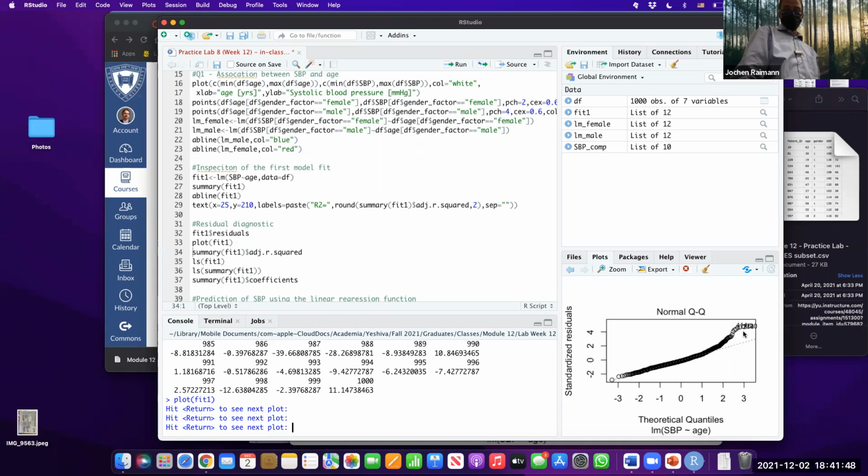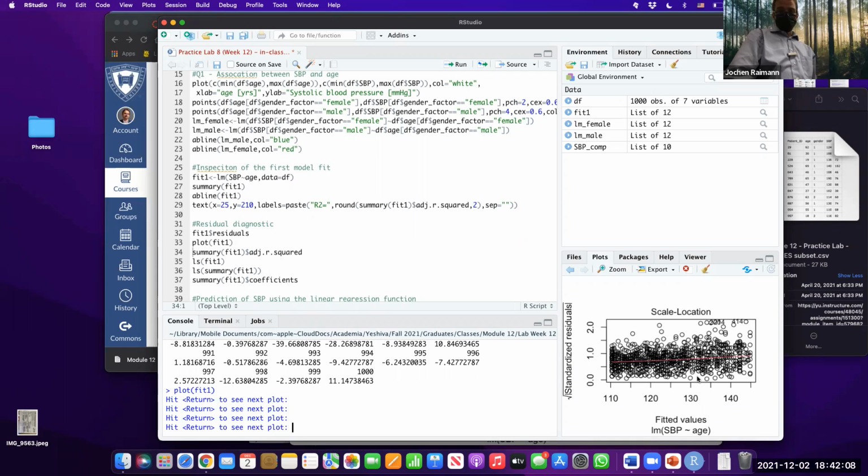If this deviates much, here it does in the extreme values, you could think of log transformation, for example, to shape your data in a more normally distributed fashion. For this particular example, I think it's considerably acceptable.